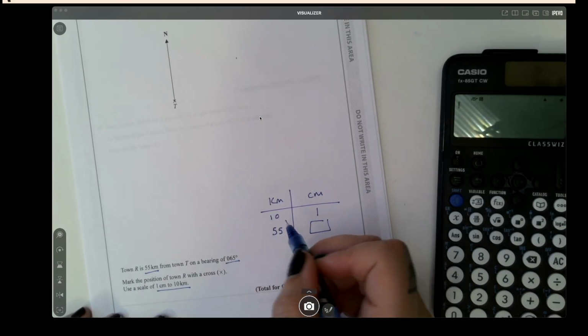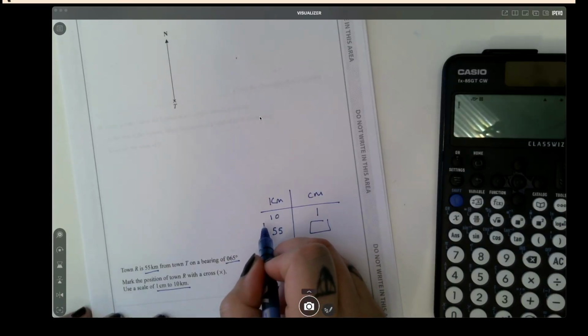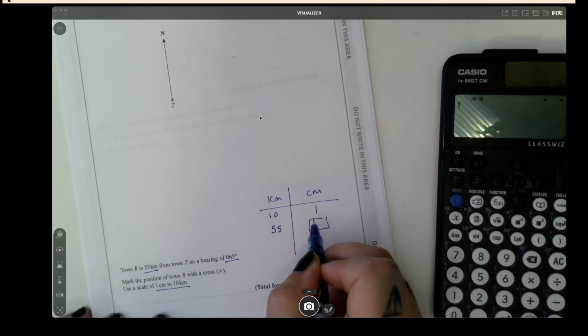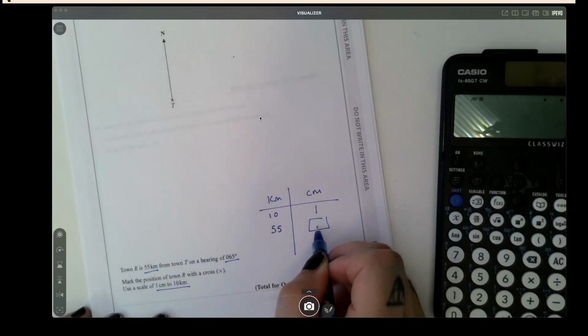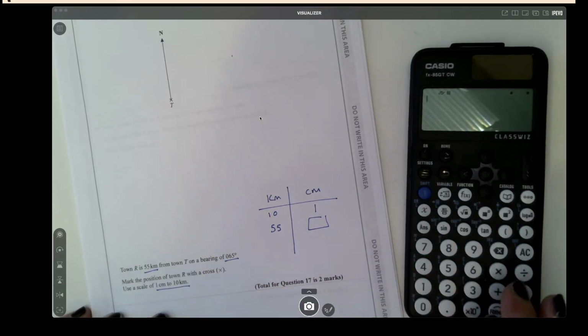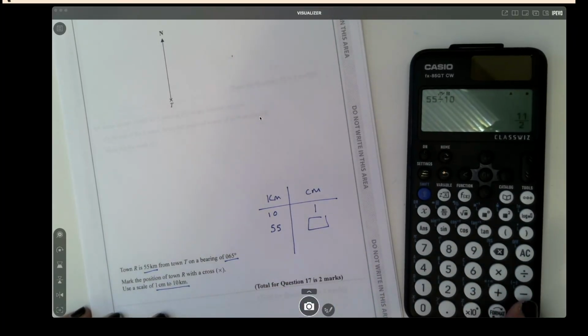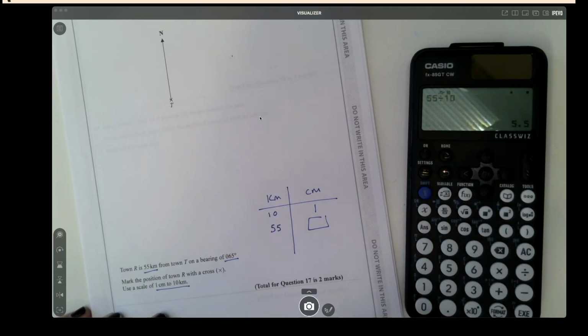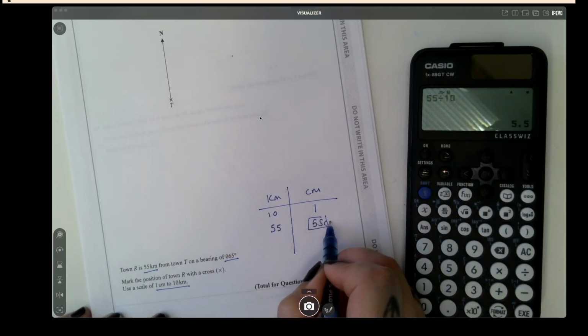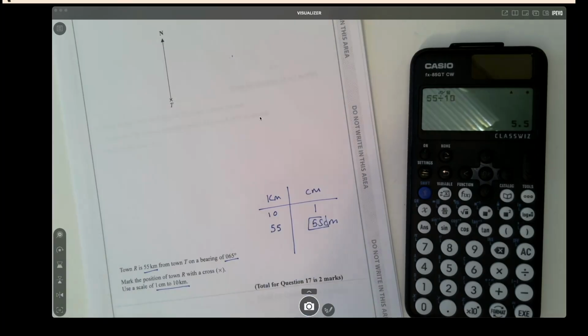So I'm going to divide by 10. And that should tell me how many centimetres. So 5.5 centimetres.